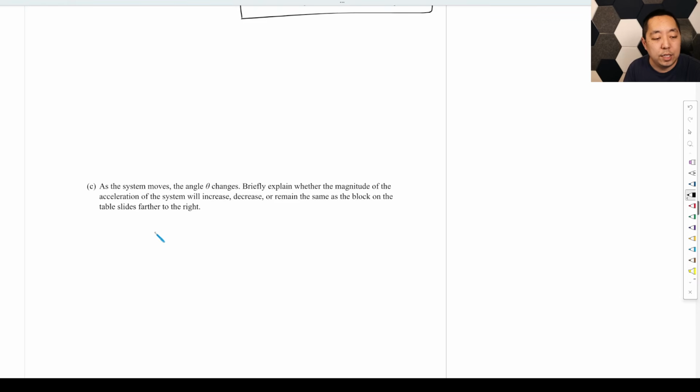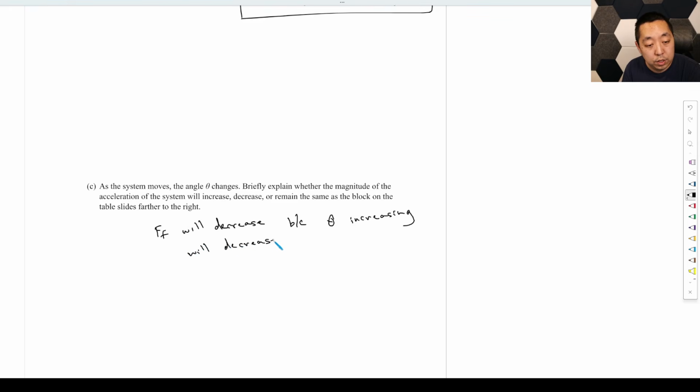So let's say the frictional force will decrease because theta increasing will decrease the normal force, and the component of ft in the x direction will increase.